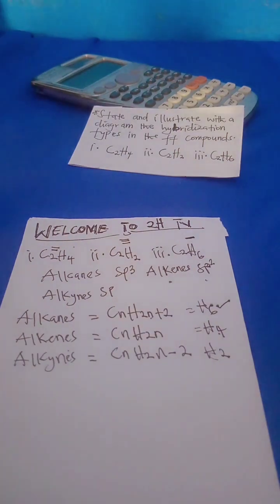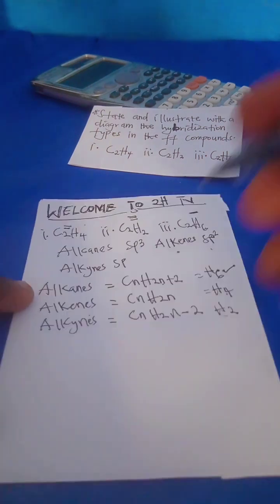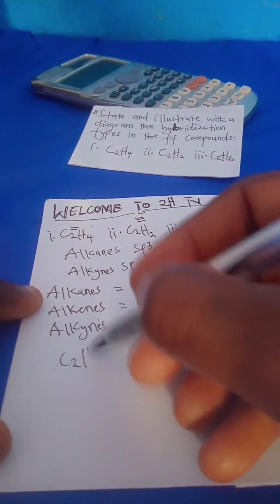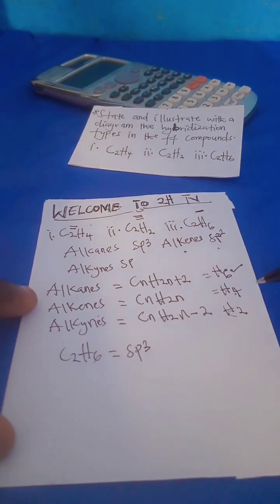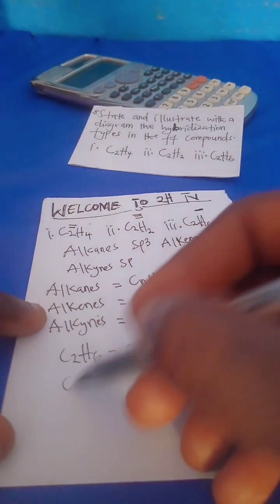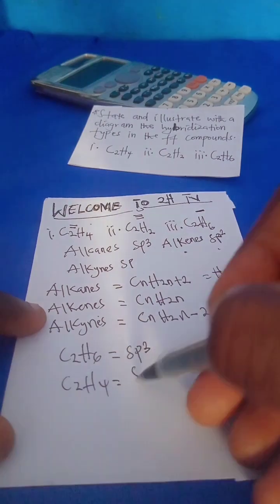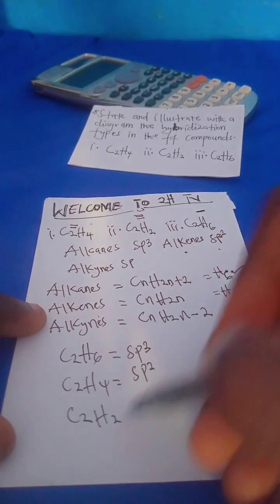Now we have identified the various compounds. Alkanes are sp3, so C2H6 is sp3. Alkenes, double bond, are sp2, so C2H4 is sp2.